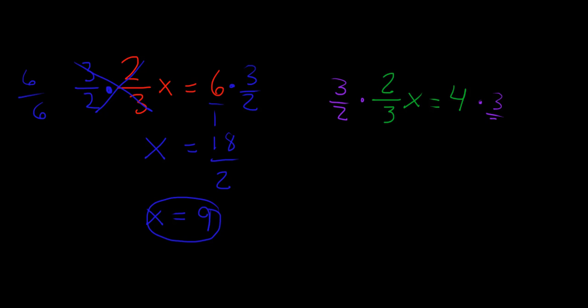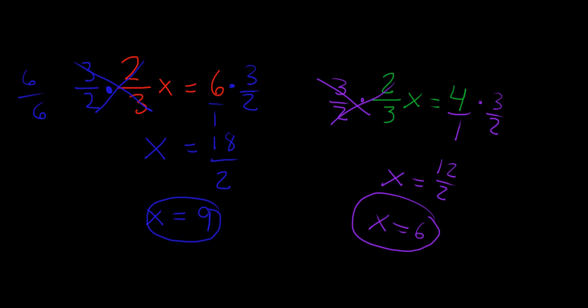Multiply by its reciprocal. So this cancels out to get x all by itself. 4 times 3 is 12. 12 over 2 is 6. So x is going to be equal to 6. Okay, and that's multiplying and dividing, solving equations.